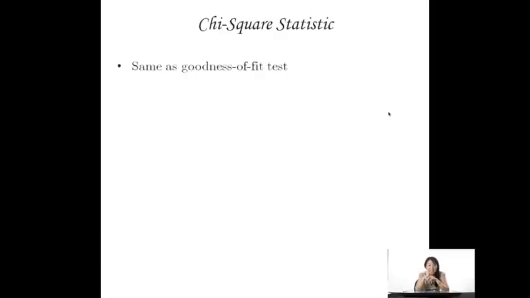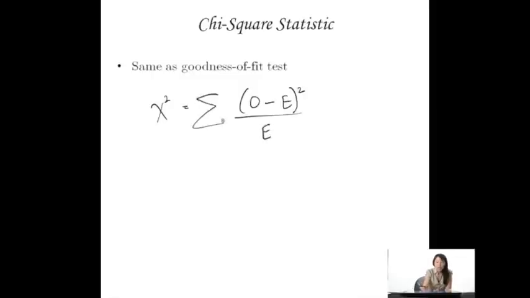Okay, now let's talk about the chi-square statistic. The nice thing about the chi-square statistic is that it's the same as the goodness of fit test. We use the same idea. So chi-square is going to be observed frequencies minus expected frequencies, squared, over the expected frequencies, right? But here, there's just one subtle difference.